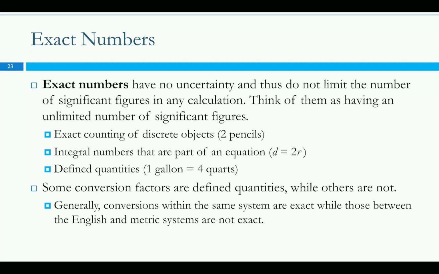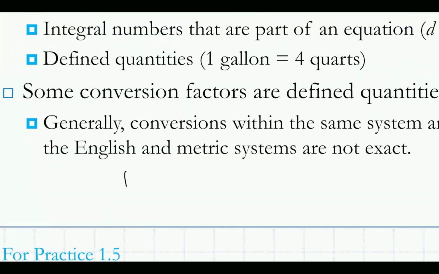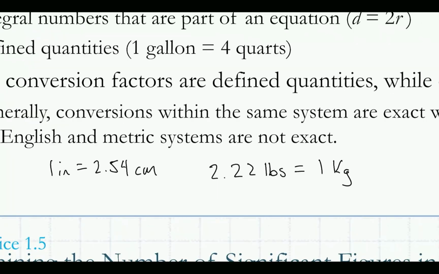In general, I will tell you if an English to metric conversion is exact. Like one inch is exactly 2.54 centimeters. It's actually the definition of the inch. The inch is defined based on 2.54 centimeters. But something like 2.2, I think maybe 2.22 equals 1 kilogram, that would be not exact.